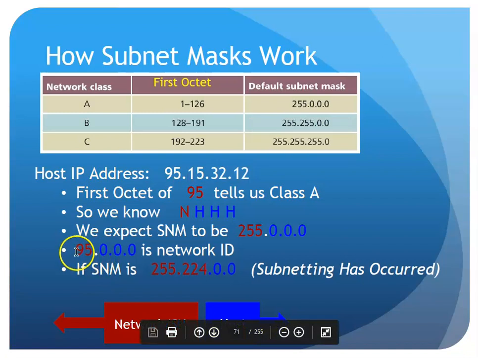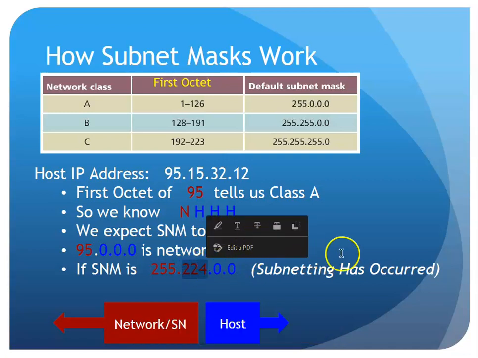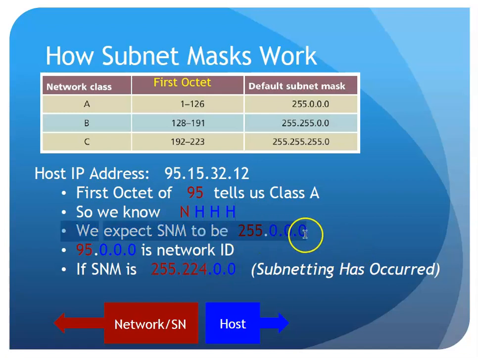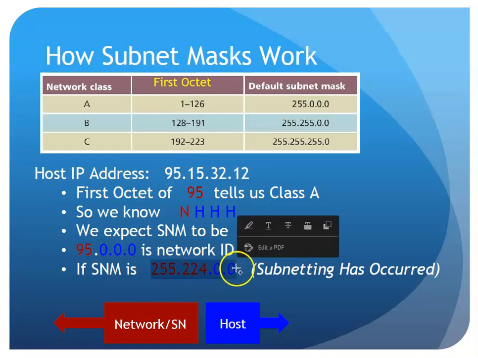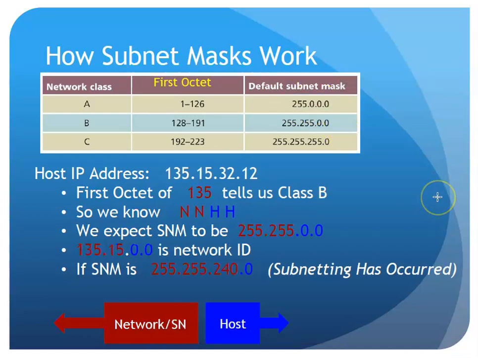If the subnet mask is 255.224, we know, that smells funny. Yeah, this is the subnet piece. Subnetting has now occurred because it should be 255.0.0.0, but it's now 255.224.0.0. That's letting us know subnetting has occurred. So we need to remember these normals to know what is different.